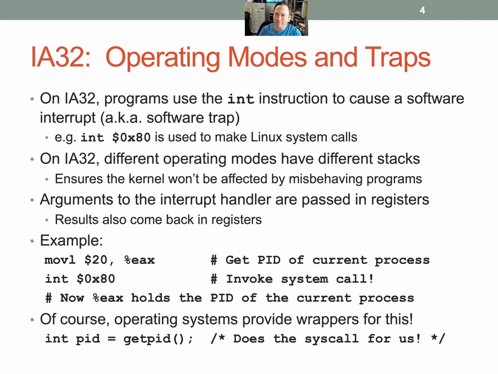Around the Pentium 4 processor, people started discovering, wow, trapping into the kernel in this way is really slow. So a couple of new instructions were introduced: sysenter and sysexit, a pair to get into the kernel and get back out, and also syscall and sysret. Modern operating systems on x86 won't use int anymore to trap into the kernel. They only use syscall and sysret, or sysenter and sysexit. But on Pintos, we'll still use int to get into the kernel.